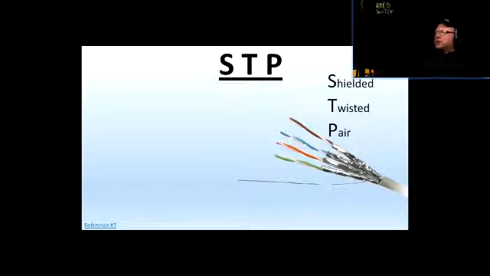Okay, so in this cable here, every individual pair has an individual shield around it. So it is twisted, plus it has a separate shield around it to prevent the electromagnetic interference from getting through. So the shield metal acts as a screen.